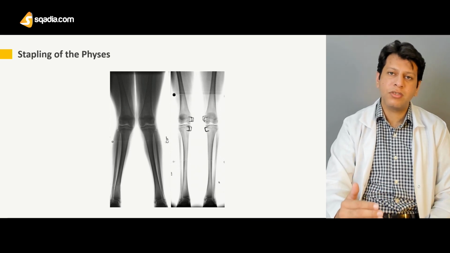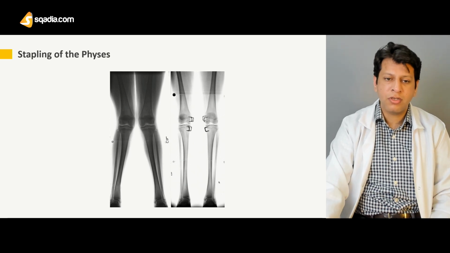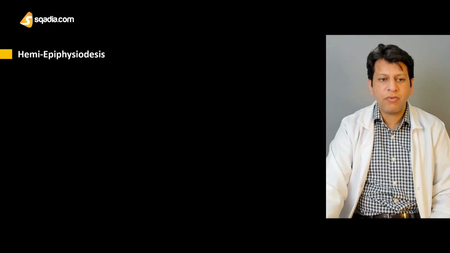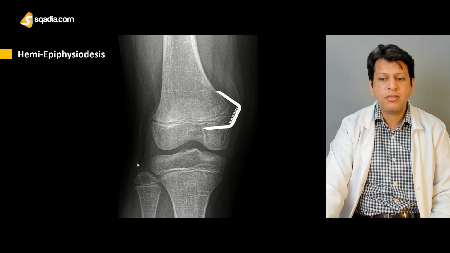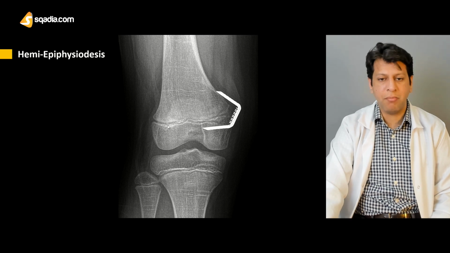Now, if the same child comes to you after 10 years of age, then there are different options. In this other diagram we can go for hemiepiphysiodesis. This is also stapling of the physis. The medial side is stopped so that it does not cause further valgus deformity at the distal femur.